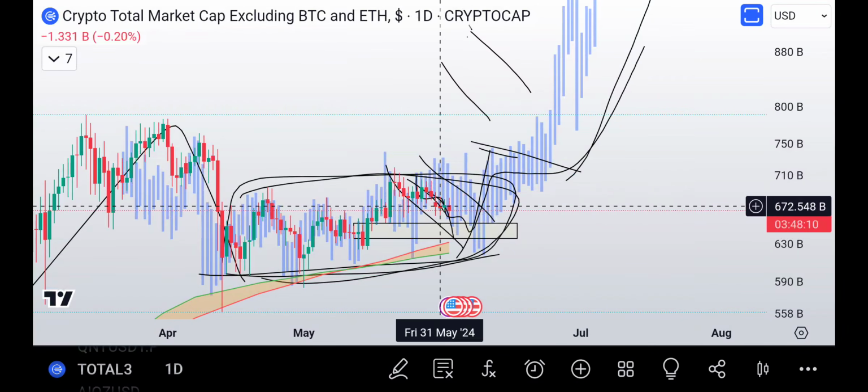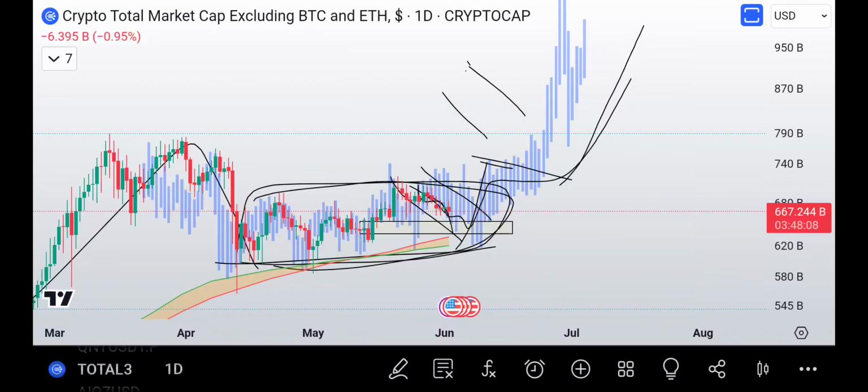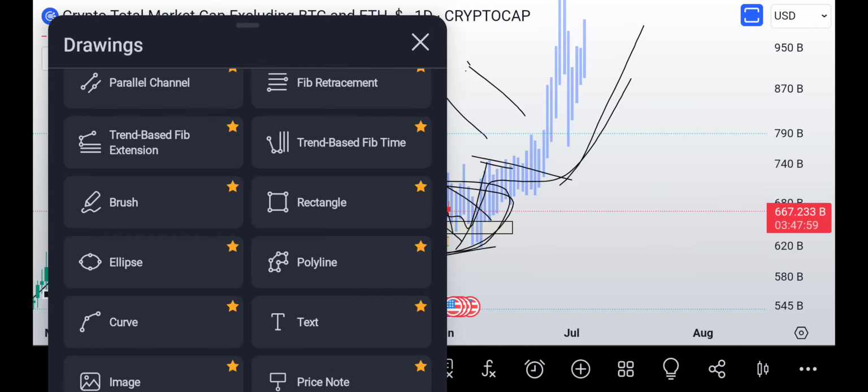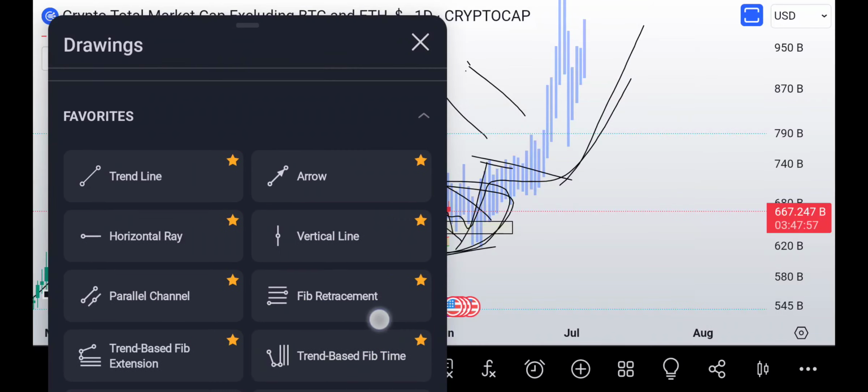So yeah, we're sort of in that last sort of downtrend, and you know what, now that I look at it, it does look like a spring here, because you can see, I don't have an example of my Wyckoff pattern.